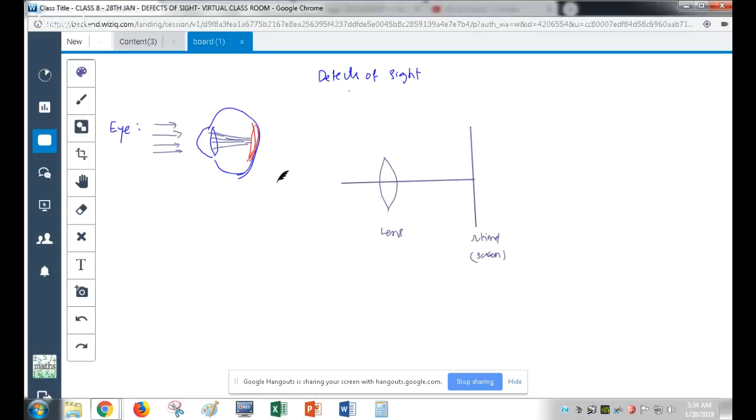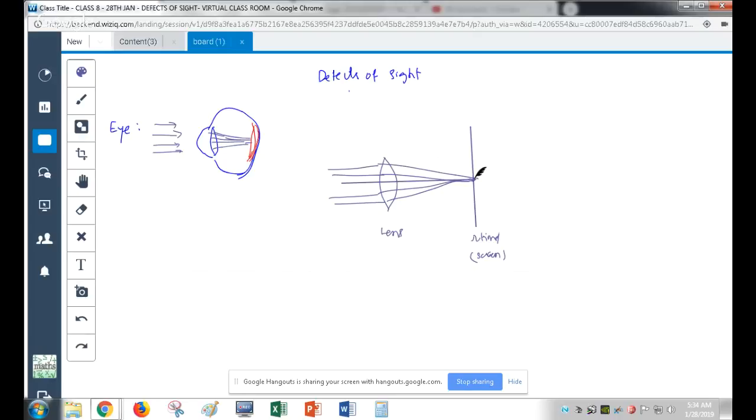In front will be objects, whatever. The light rays fall, and then they have to focus at the retina.